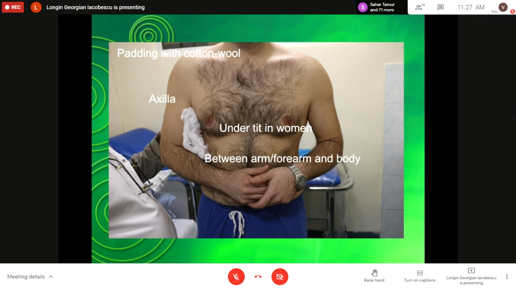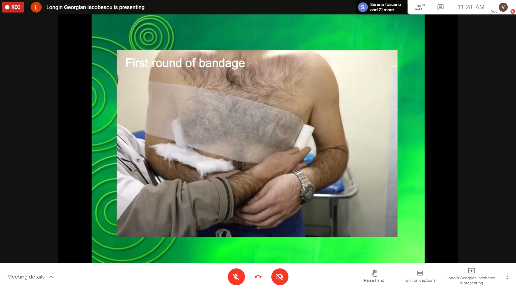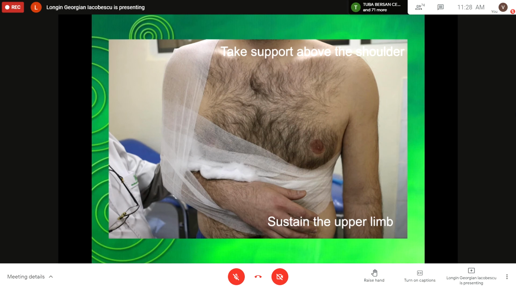So to prevent them, we apply the padding with cotton wool. Afterwards, the assistant starts to roll the first round of bandage between the arm and the thorax of the patient, and so on, continuing to sustain the upper limb and to take the support from above the shoulder.